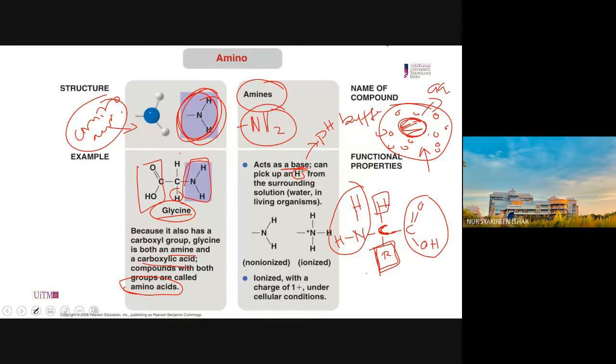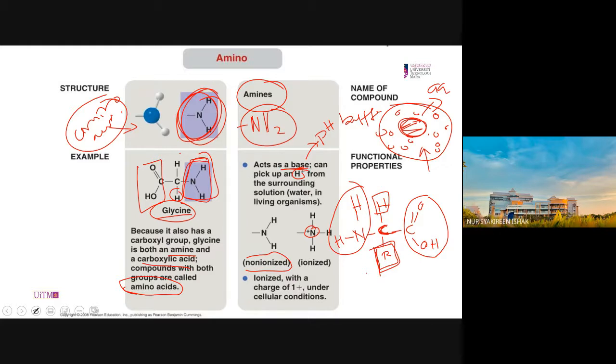In the non-ionized form, the original form is like this, NH2. But when it is in the ionized form, the nitrogen atom can accept another hydrogen ion from the surrounding.